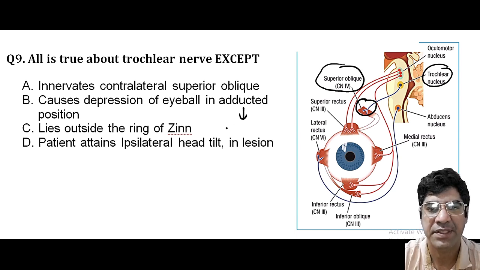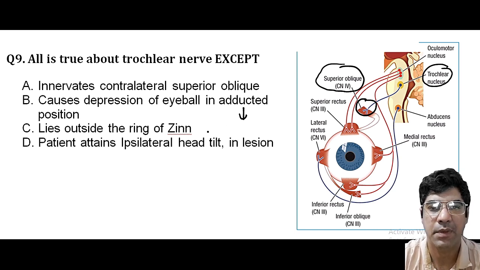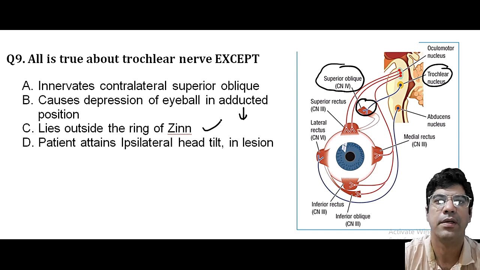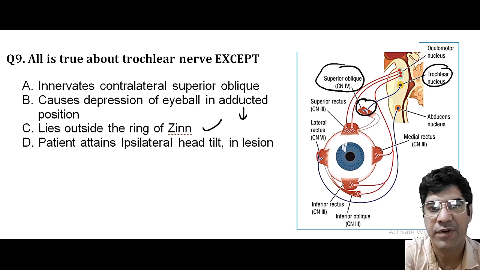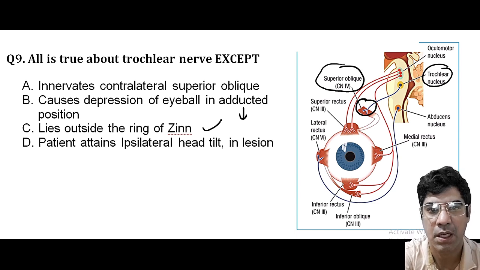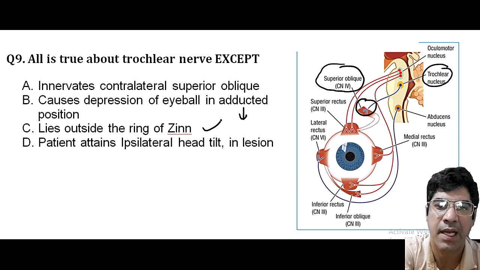The trochlear nerve passes through the superior orbital fissure, but it stays outside the annular tendon, also known as ring of Zinn. So that option is also correct. In case of trochlear nerve lesion, the patient typically attains contralateral head tilt, not the ipsilateral head tilt.